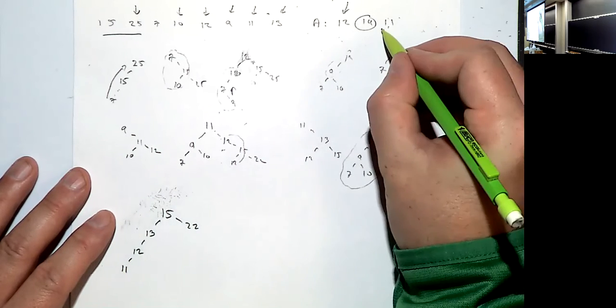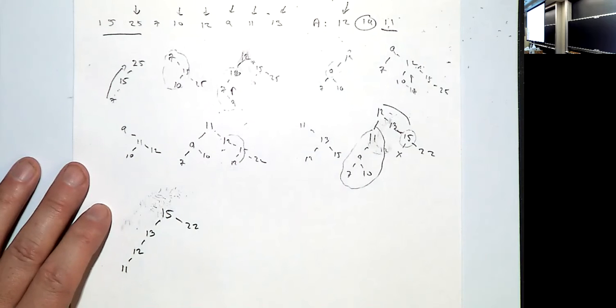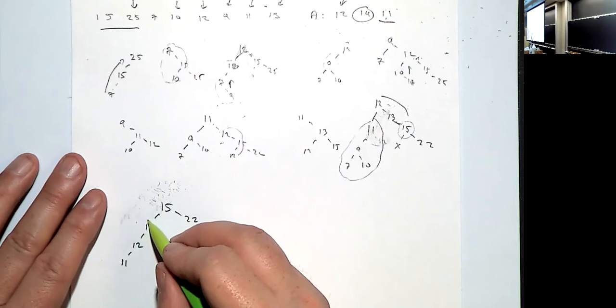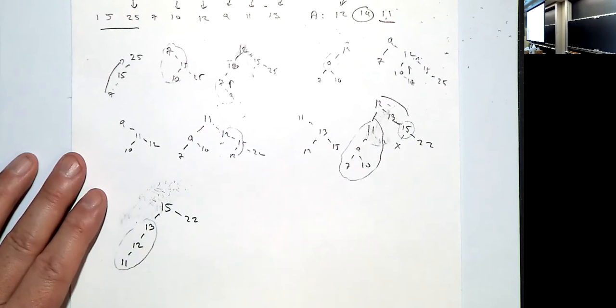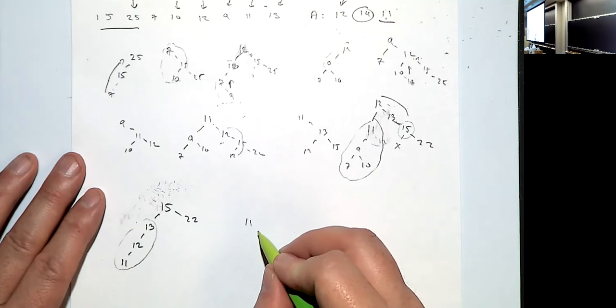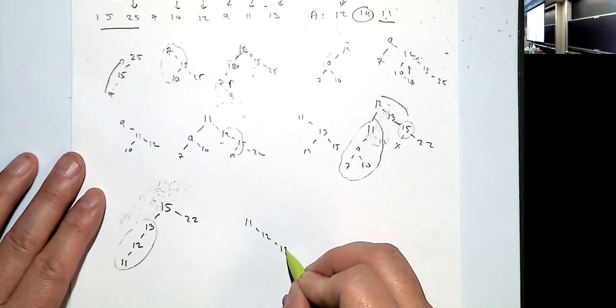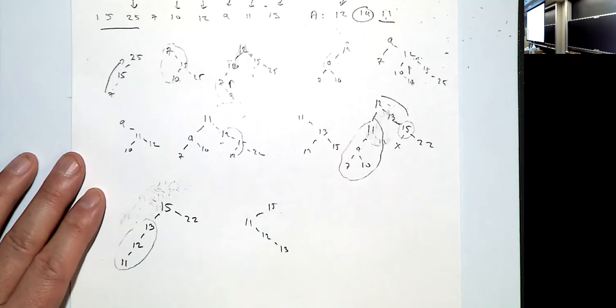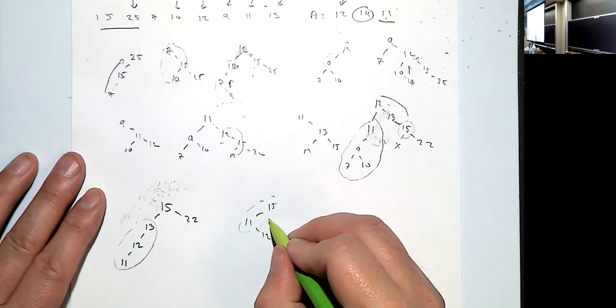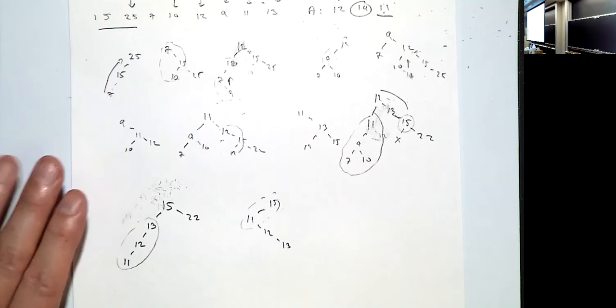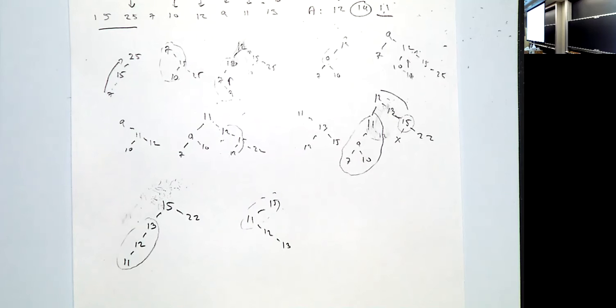And I'm only going to draw out 11 because 11 is going to be the last element we're going to do. So 11, we see we have a zig scenario. And now what's going to happen is 11 is going to become 12 and 13, 15 here, 25 over there. And now what's going to happen is 15 is going to become the right child of 11, and 12 would become the left child of 15.